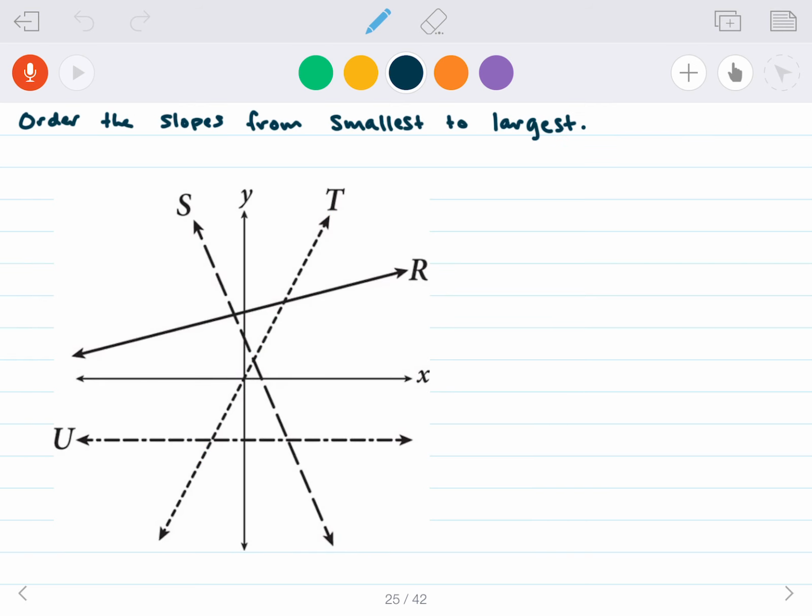Alright, so let's do some ordering from smallest to largest. Again, the x and y axis are not lines, so I'm just going to do these in orange so we can just know to ignore them, I guess. So, first of all, the smallest slope is going to be a negative slope if there is one. So do we have any negative slopes? Well, if I'm going to put everybody on a mountain.